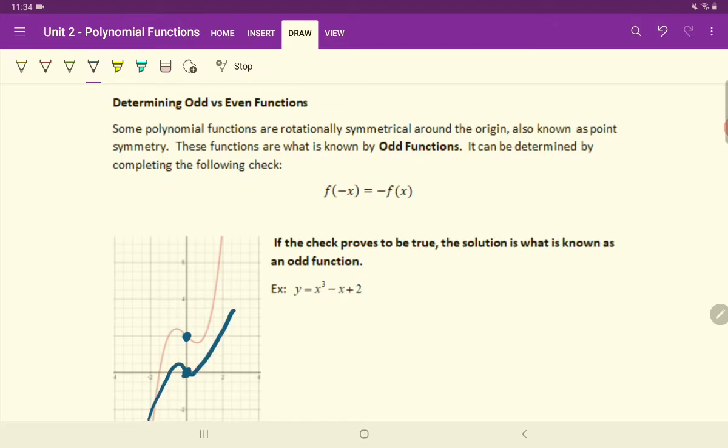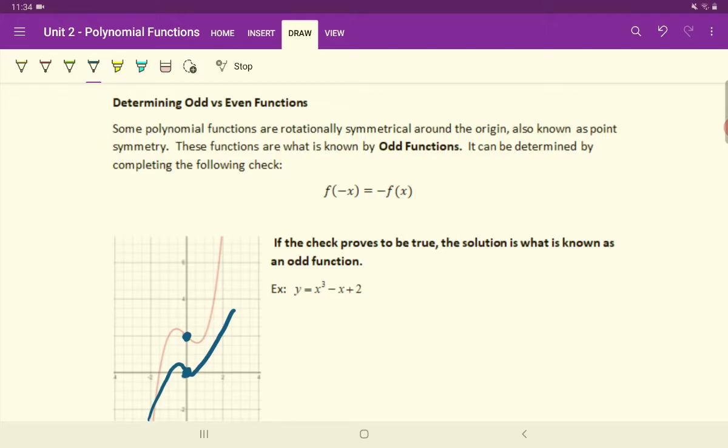Okay, so if I were to rotate this curve, we would get the exact same curve if I rotate it, let's say 90 degrees. So every 90 degrees that I rotate it, you'll get the same curve.